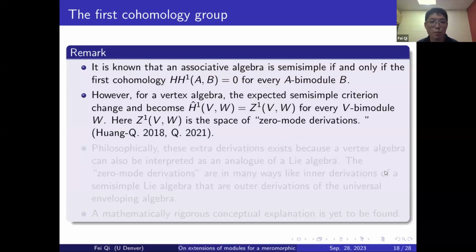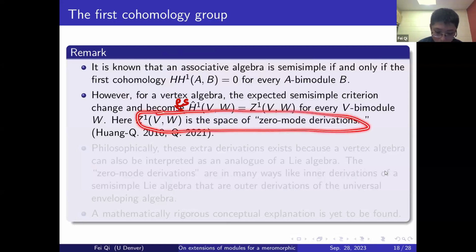For a vertex algebra, the expected semi-simplicity criterion changes and becomes H1 equals Z1, where Z1 is the space of zero mode derivations.